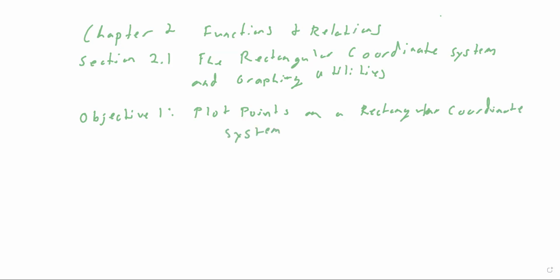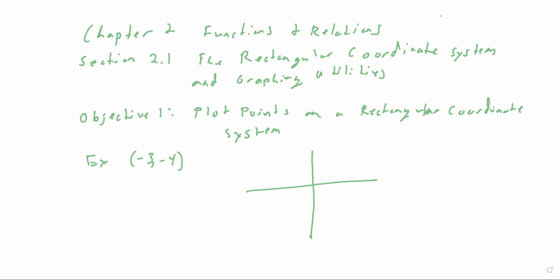So for instance, can you graph -3 comma -4? Here's my coordinate plane. How do I graph that point? How do I get to -3?